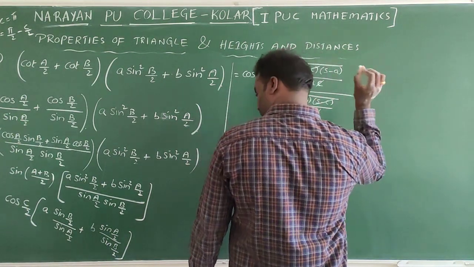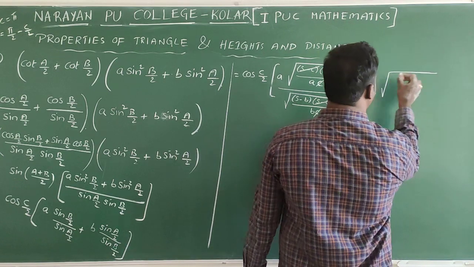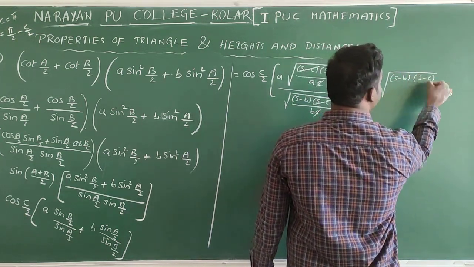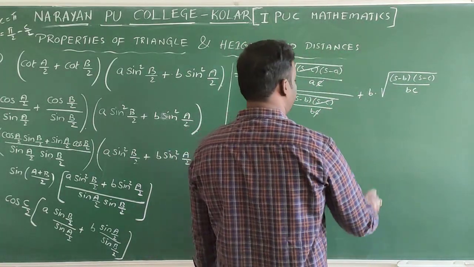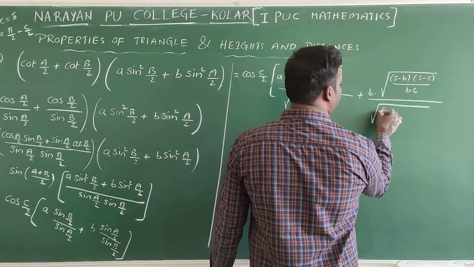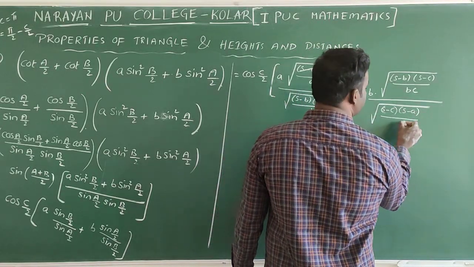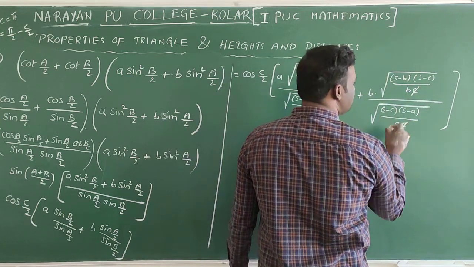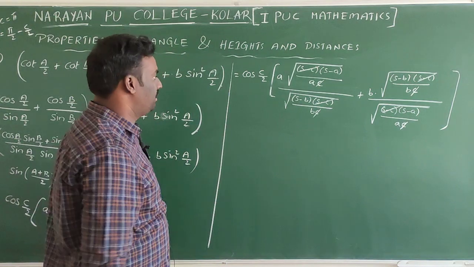Plus, this is a little bit lengthy question, B into sin A by 2, under root of s minus b into s minus c by bc, by sin B by 2, under root of s minus c into s minus a by ac. Here also c and c get cancelled, s minus c gets cancelled.